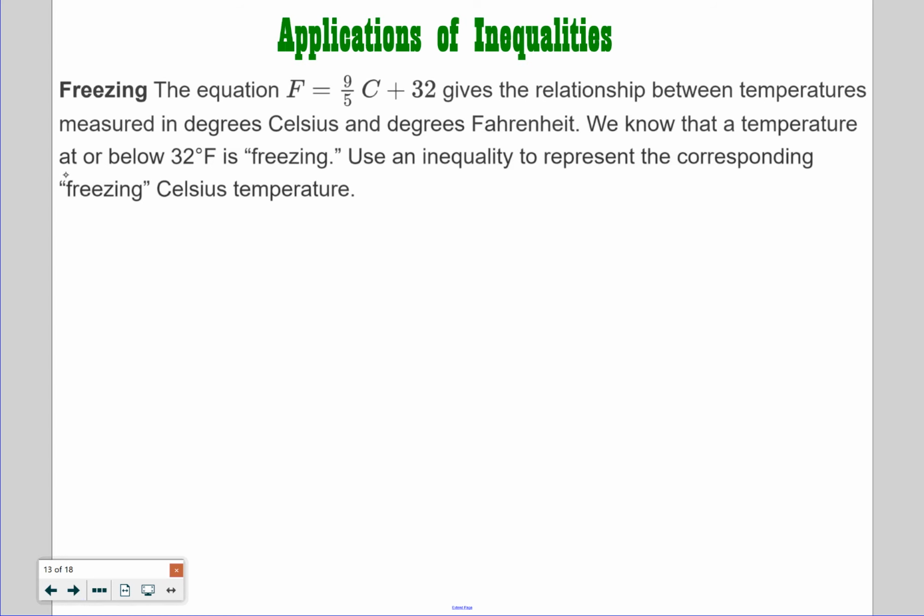So at or below 32 means my temperatures in Fahrenheit, excuse me, need to be at or below 32. My Fahrenheit temperature needs to be less than or equal to 32.